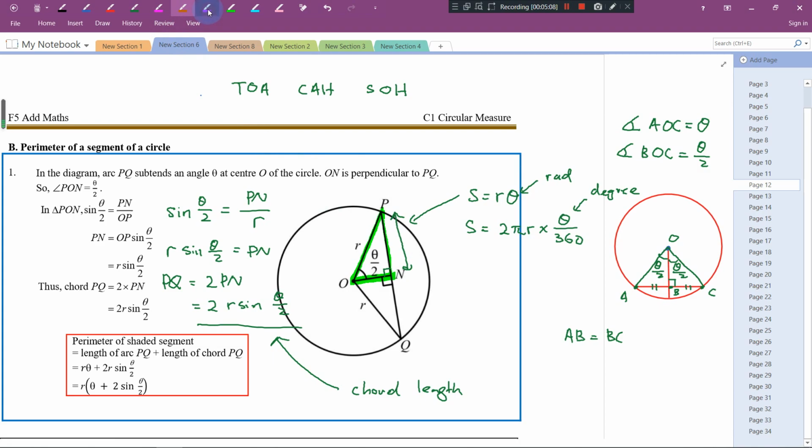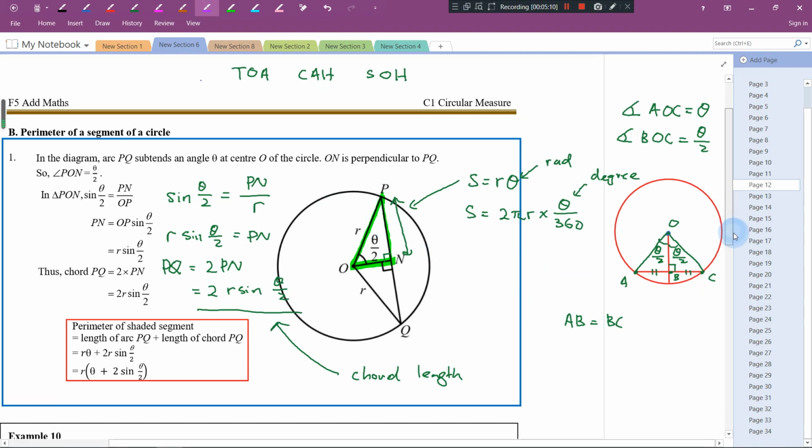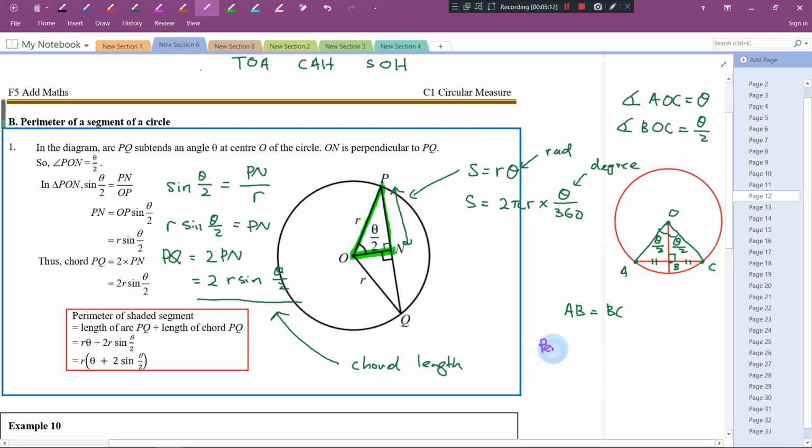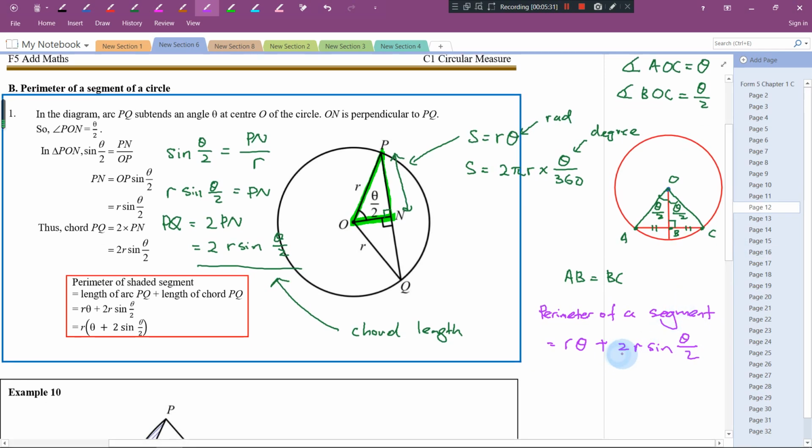Now we've got a formula to find the perimeter of a segment. Perimeter of a segment is equal to r theta, which is the arc length, plus 2r sine theta over 2, which is the chord length. If you want to factorize r, it becomes this one.